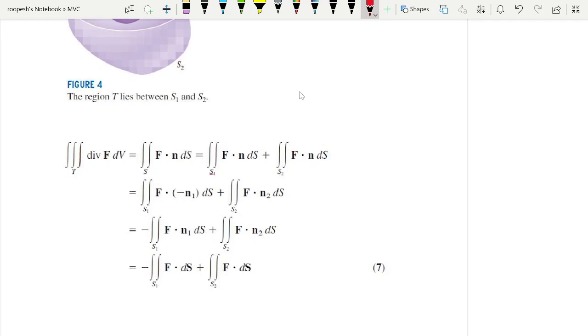Now here n will become minus N1. So the double integral over S1 of F dot minus N1 dS plus the integral over S2 of F dot N2 dS. So this minus you can take outside: minus the double integral over S1 of F dot N1 dS plus the double integral over S2 of F dot N2 dS. Right? Now this is nothing but the double integral over S1 of F dot dS and this is F dot dS. So we can calculate it.